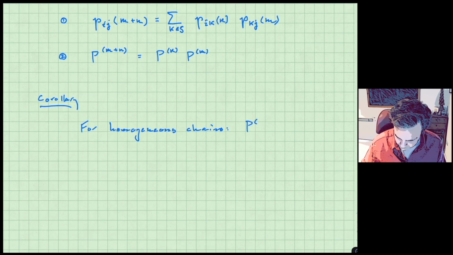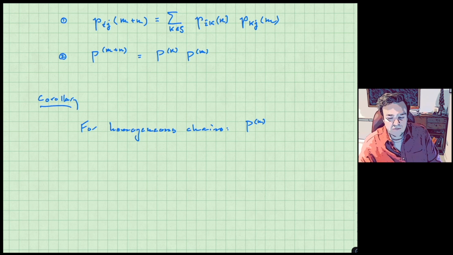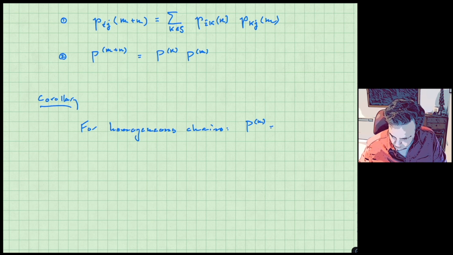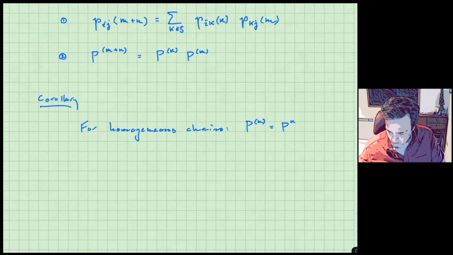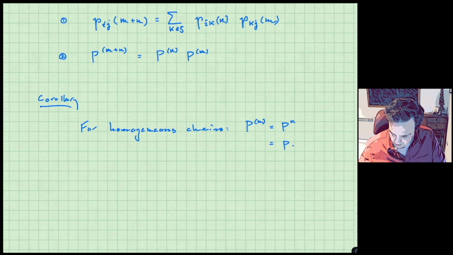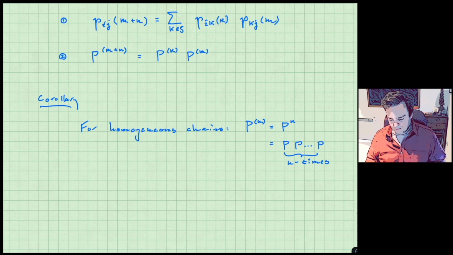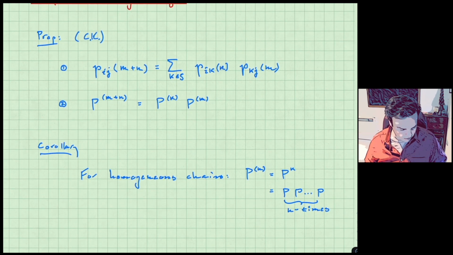If you look at the n-step transition probability matrix, so this is where that notation comes from, this is just equal to the one-step transition probability matrix to the n power. In other words, P times P times P, and there's n of these. This is just to remind you what that means, because there's so many superscripts of n going on here. So that's a corollary that comes from this proposition.